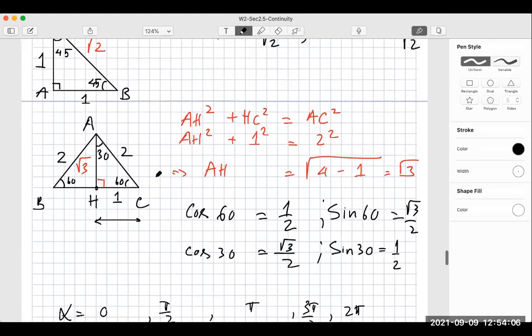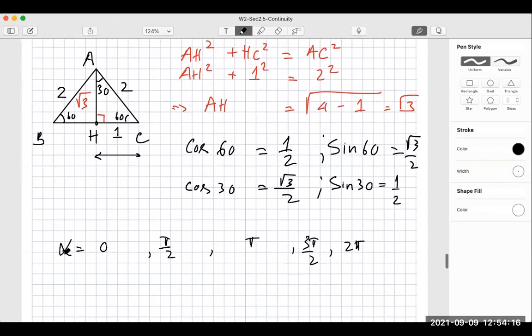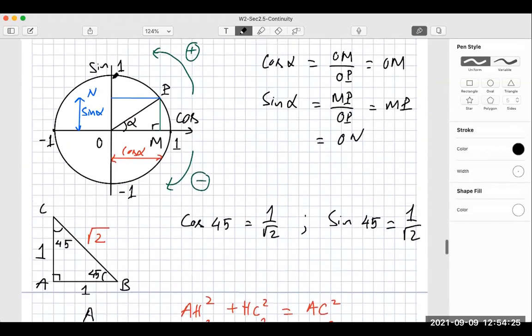Okay. Look at the sine function. What is sine of 0? 0. Yes, we project to the sine axis, it gives us 0. How about sine of pi/2? 1. Very good.